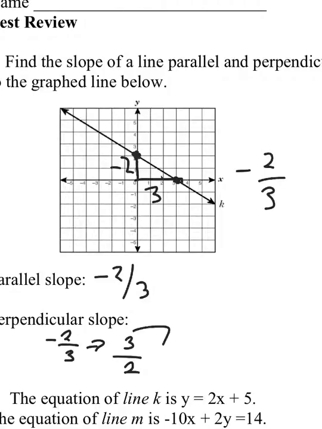Positive 3 over 2. Perpendicular, no matter what it starts as, flip the numbers, top goes to the bottom, bottom goes to the top, change the sign. Positive becomes negative, negative becomes positive. Every time.